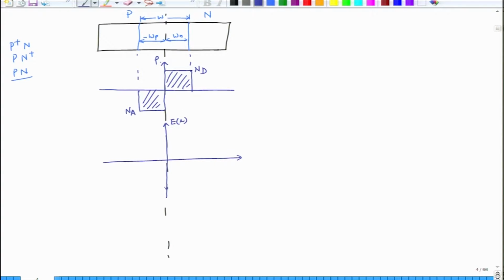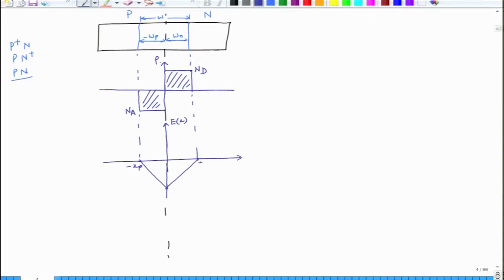The electric field is 0 at the interface and it is also 0 here. The bands change curvature at this point, so the electric field is 0 at that point. The rate of change of electric field is the same in both regions. This is minus Wp, this is plus Wn. Both regions have the same width, and as a result the slope of electric field is also similar in both regions.